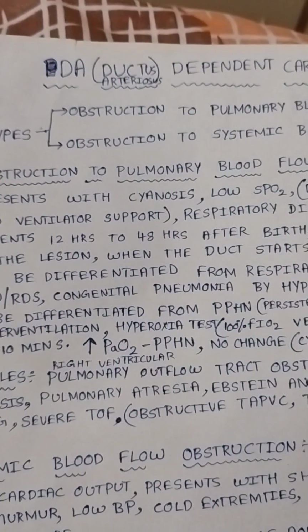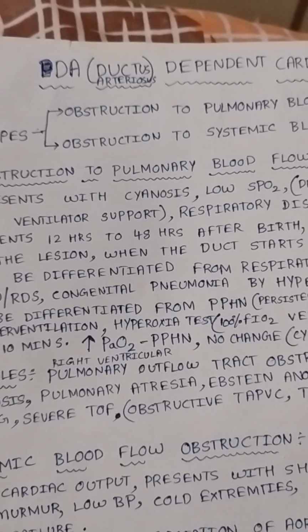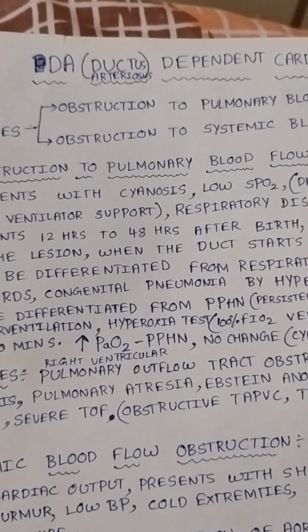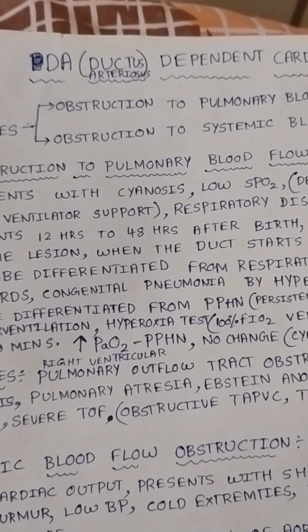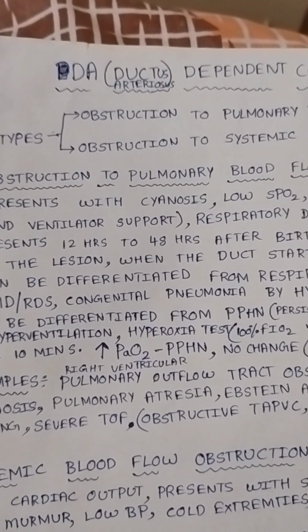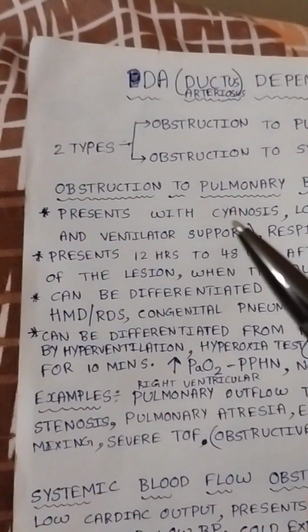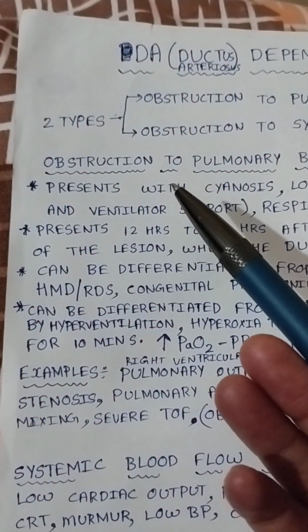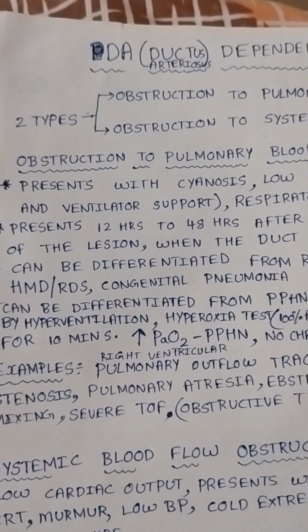If the blood does not go to the lungs, it cannot be oxygenated. You understood? That's why there will be many clinical features. So first we will discuss obstruction to the pulmonary blood flow.